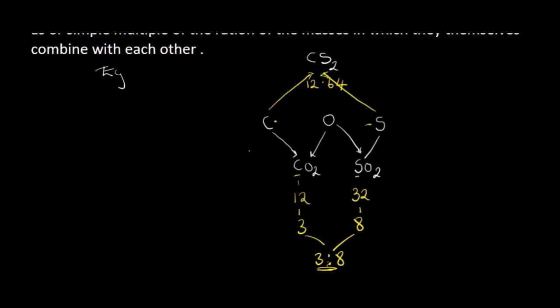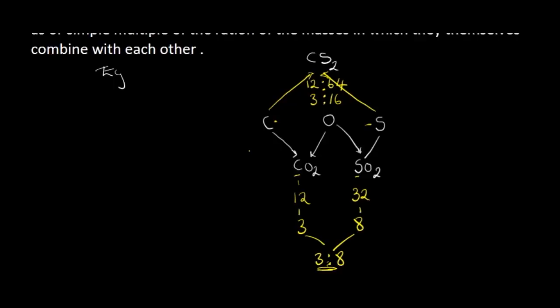This is 12 is to 64. When you break it down to a lesser value, 12 by 4 will give us 3. Then 64 by the same 4 is going to give us 16.